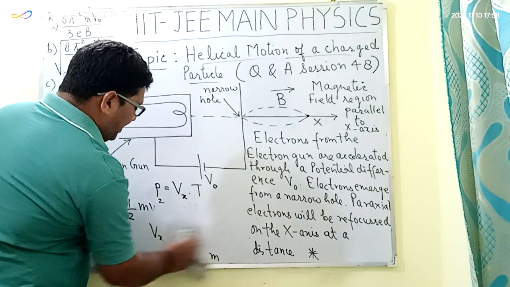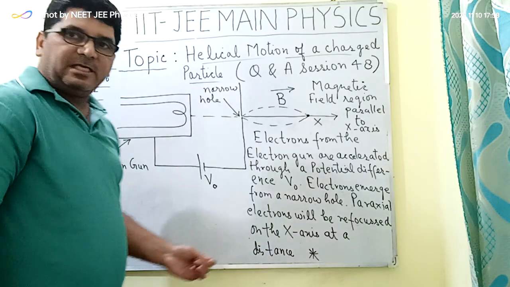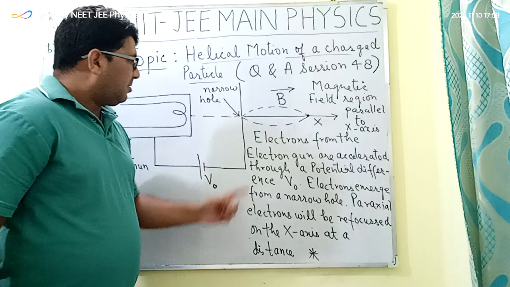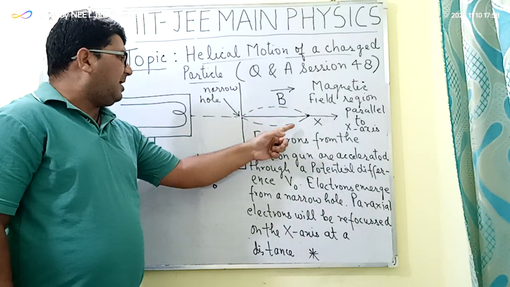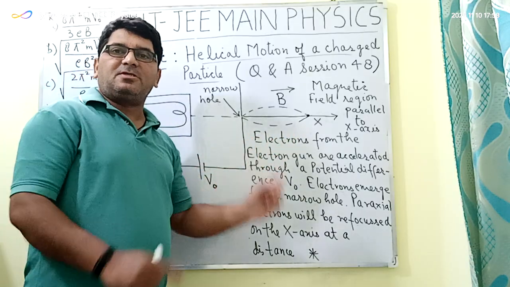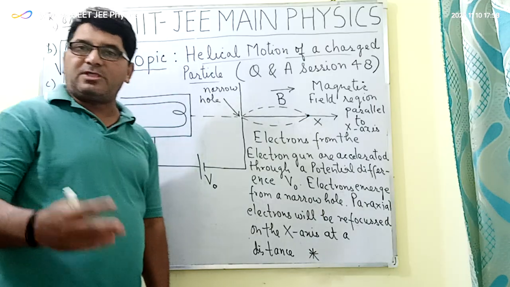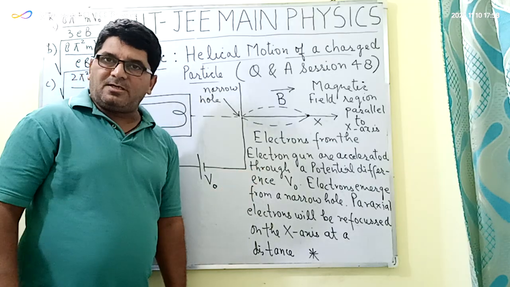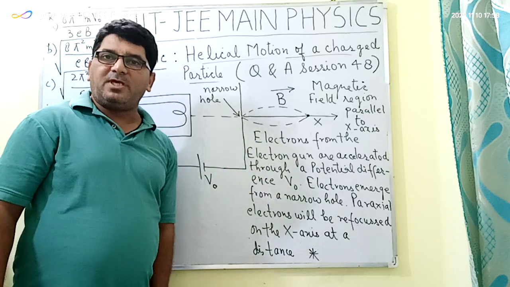Now here the paraxial electrons will be following a helical path, that is, it will be a spiral motion, if the angle between the direction of the magnetic field and the direction of motion of the charged particle is less than 90 degrees, or you can say when theta is not equal to 90 degrees. So in that case, the charged particle will follow a helical path.